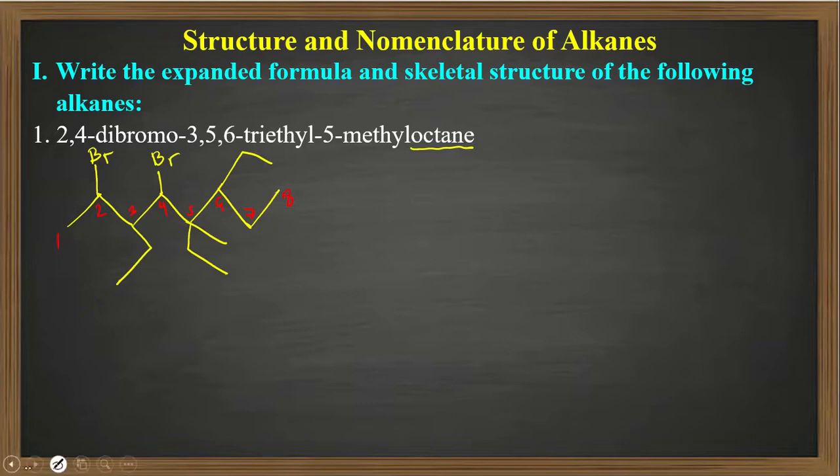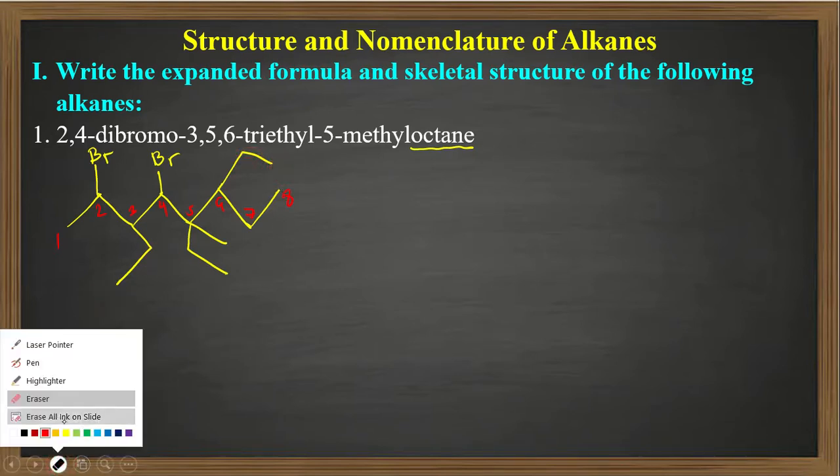The same gihapon if diri magsugod ang inyong carbon number 1, number 2. This will be also carbon number 3. Or kini ang inyong carbon number 7, or kini ang inyong carbon number 8. The same. Ayan. So let's try to write its expanded formula.